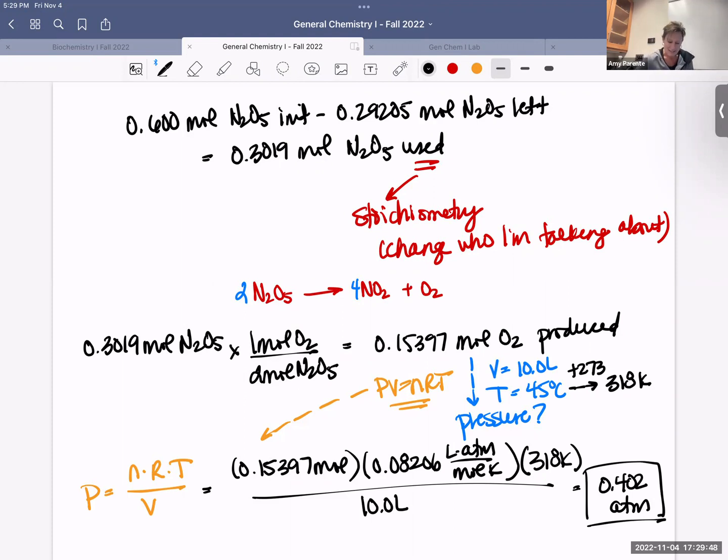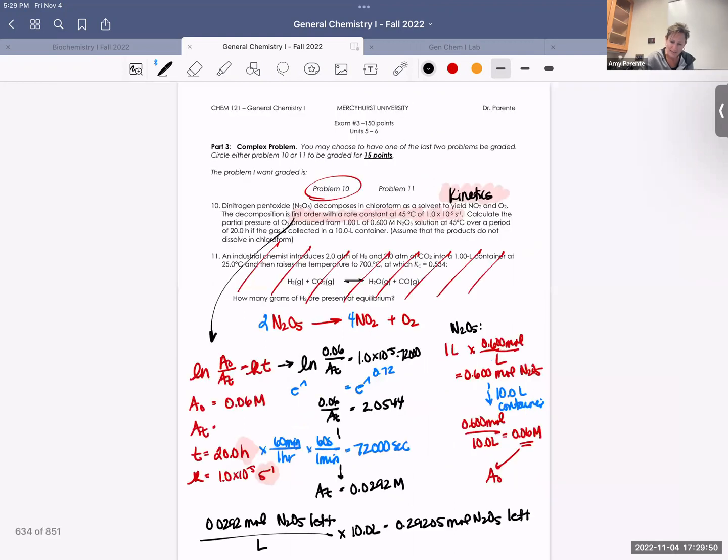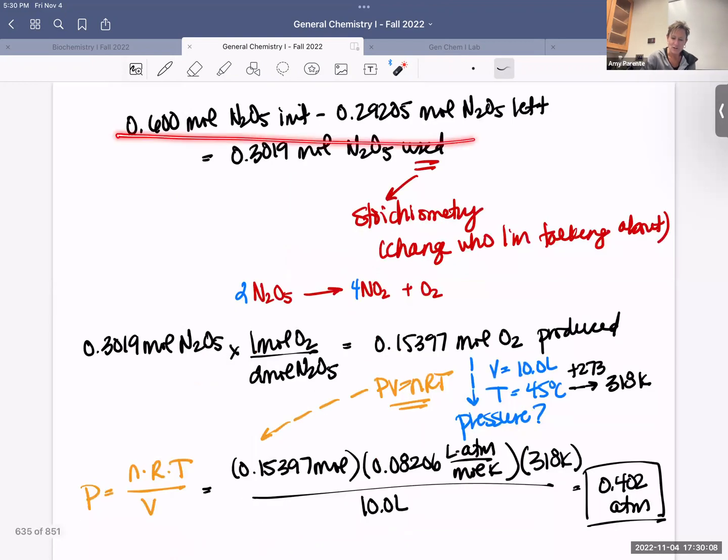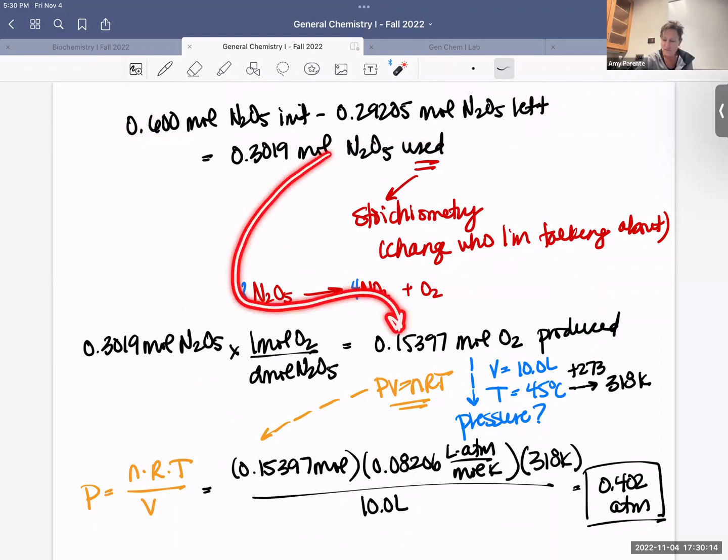So it asks us to combine, just kind of reviewing it. It's a kinetics problem because we're going to ultimately use a first order rate equation to tell us how much we have left. Once we figure out how much we have left, we can then figure out how much we reacted by taking the difference, because how much we reacted is going to be important to change who we're talking about and find out how much product we produced.